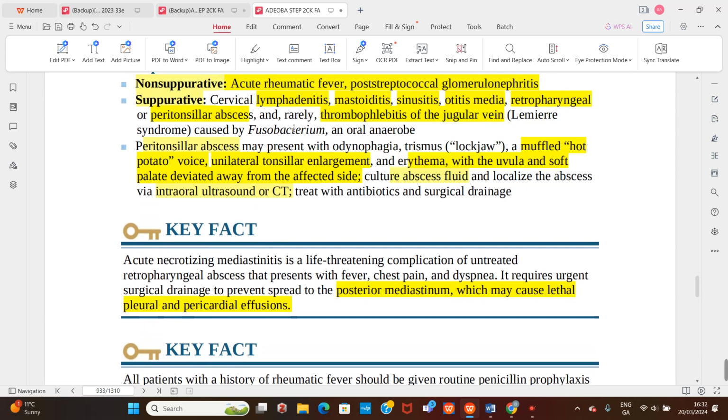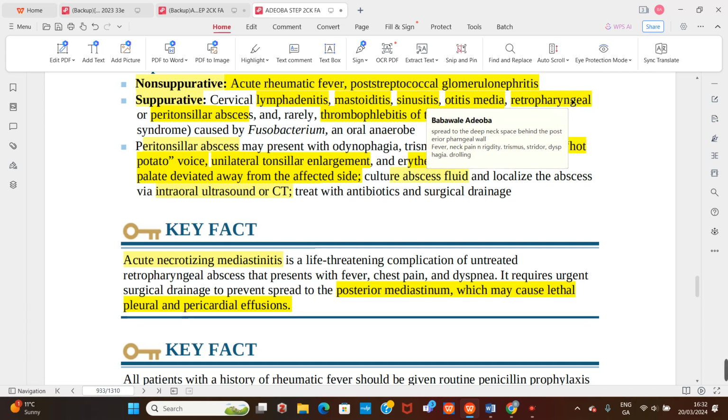People with retropharyngeal abscess can develop acute necrotizing mediastinitis. When we start talking about the retropharyngeal abscess, we are going to see the layers of the neck, the way they are divided. When we get to the retropharyngeal space and we descend downwards, we are moving downward into the mediastinum.